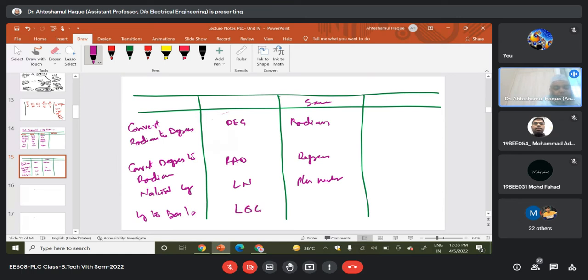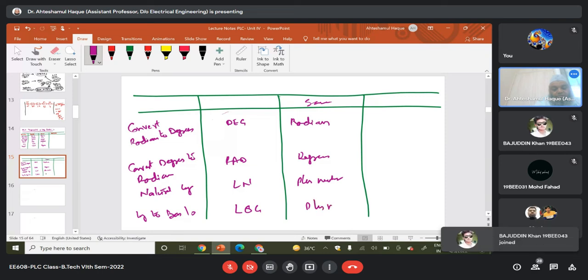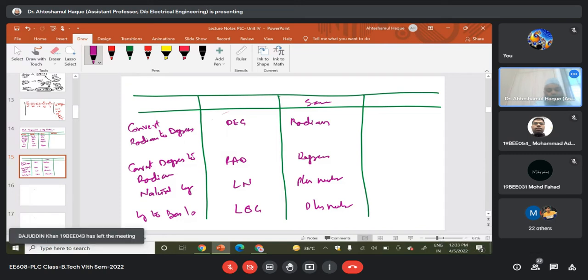This symbol will be log. This will be a plus number. Okay. This is how it is shown.